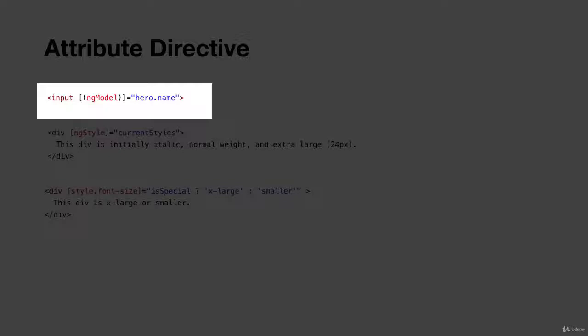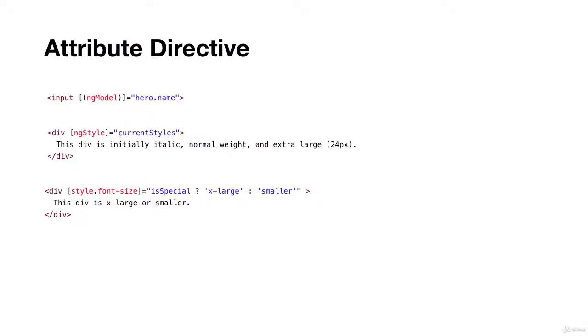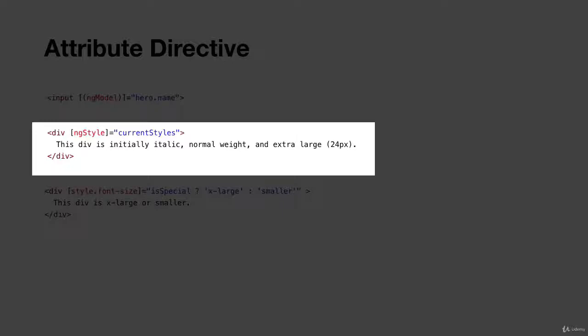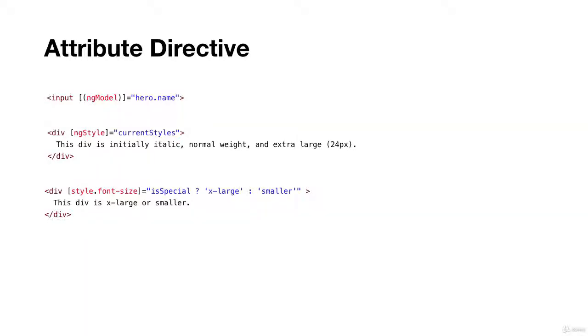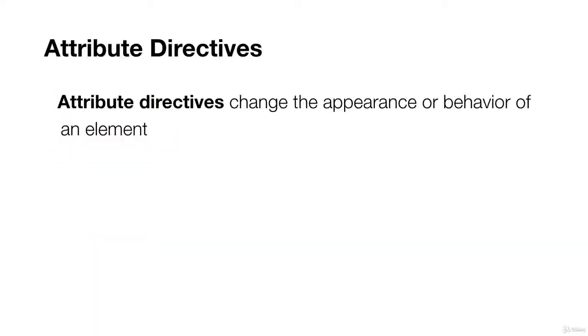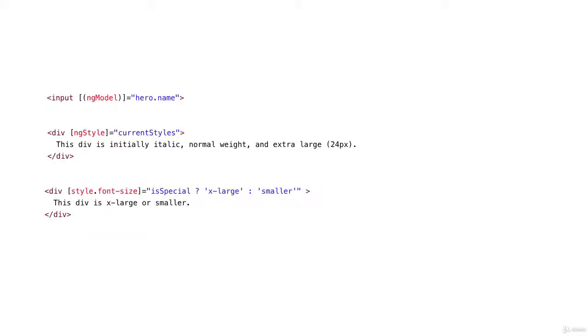If you update anything, like the name of the hero, let's say John Smith, it will update the behavior. ngStyle is also a perfect use case. Here we are updating the appearance of this DOM element. If you check the definition, attribute directives change the appearance. So we are changing the appearance of the div by applying the ngStyle.